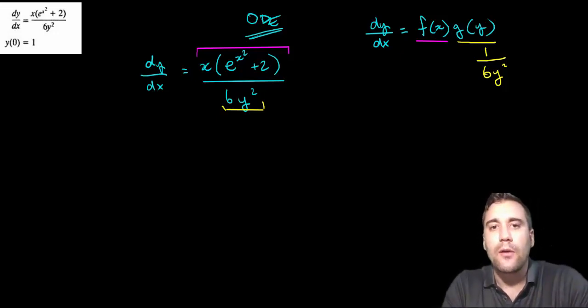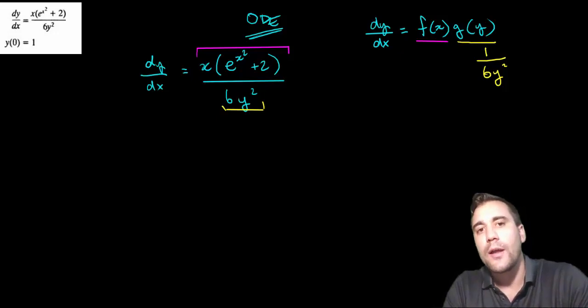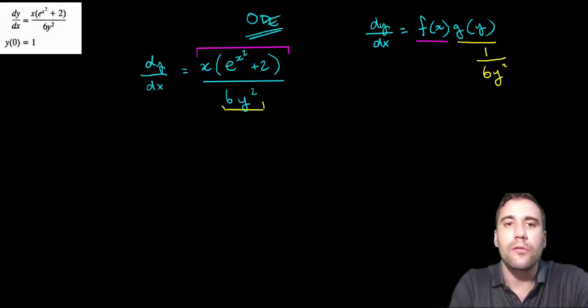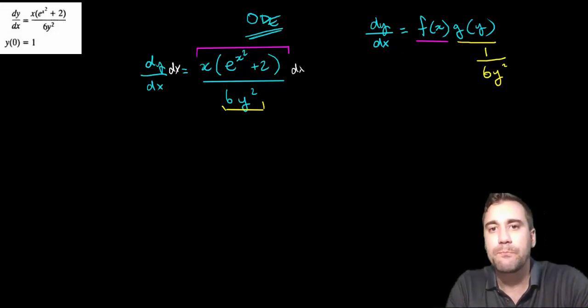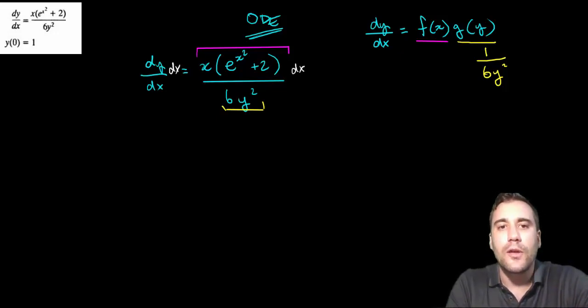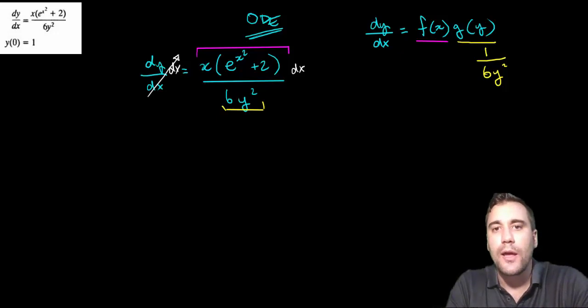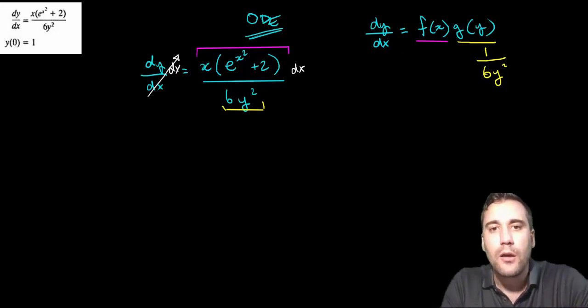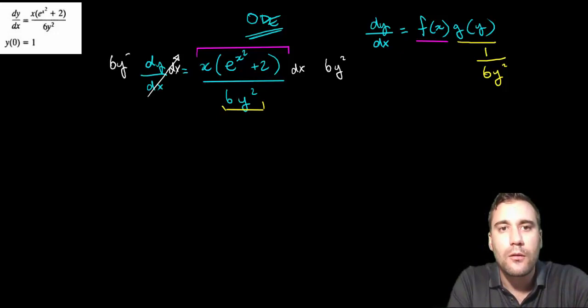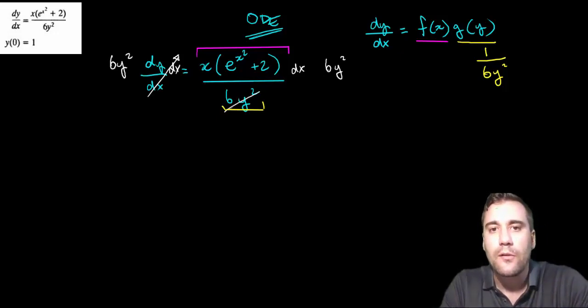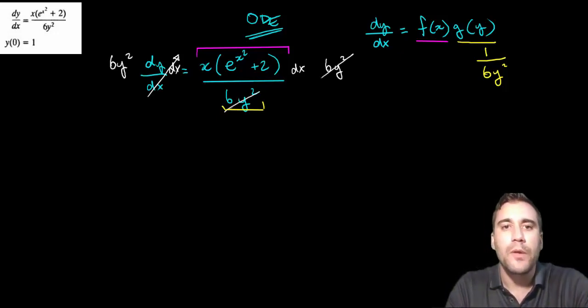What we have to do is get all of the y terms on one side and all of the x terms on the other. So I'm going to multiply both sides by dx, and you should see that these will cancel and you'll end up with a dx on the right. I'm going to multiply both sides by 6y squared, and you should see that this will cancel with this.